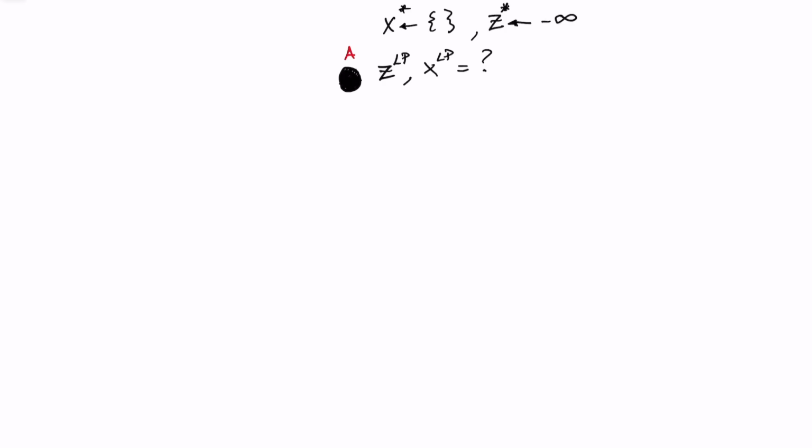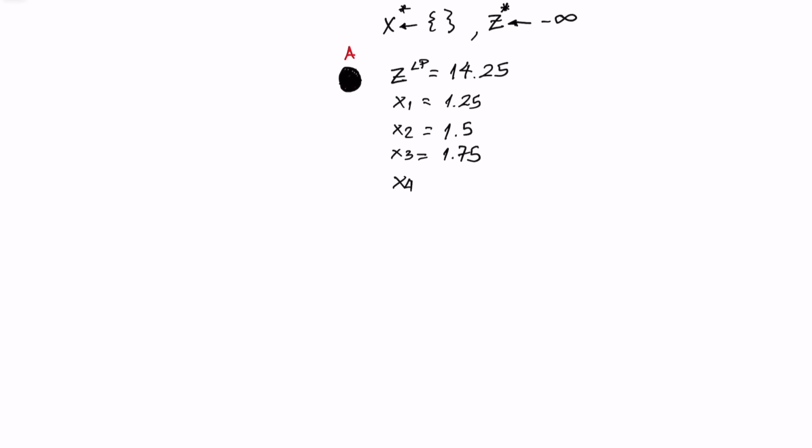So I'm going to write here in this node that the value for my LP relaxation, the objective function value, is equal to 14.25. And I have that x1, x2, and x3 are equal to 1.25, 1.5, and 1.75, x4 equal to 0, right? This is the value of the LP relaxation.